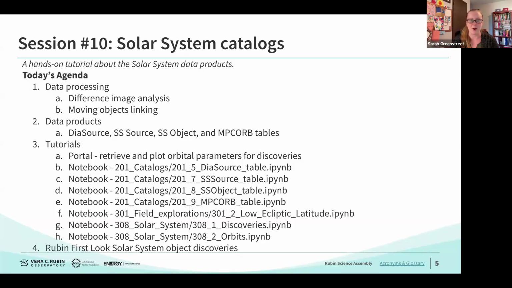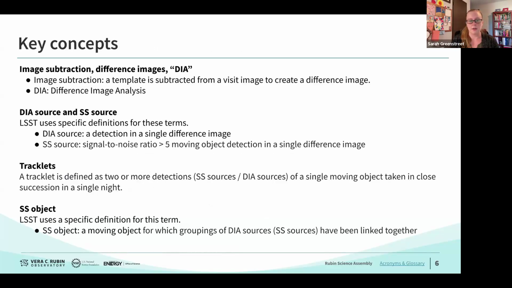We're not going to have time to go through all of them, but we'll do a tutorial on how to use the portal, and then we'll walk through one or two of these notebooks as well. I listed on this slide all of the notebook tutorials that are relevant to solar system science and the data products, and starting to analyze some of those data products, so that you've at least got a list here of what's relevant. And then at the end, we'll do a little bit of looking at some of the solar system object discoveries from Rubin First Look as well.